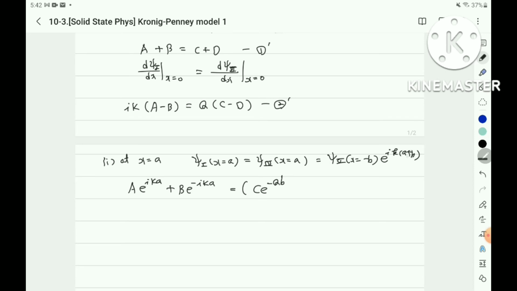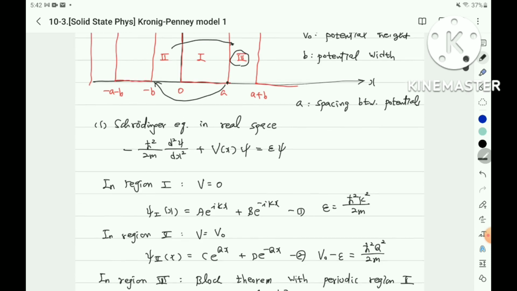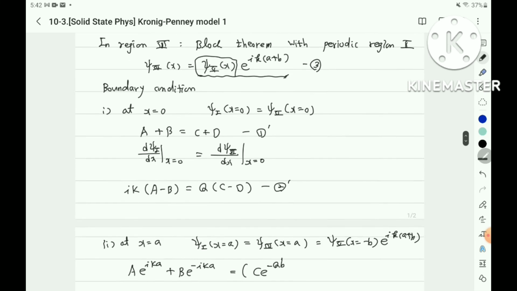Here we applied the third condition, and at x equal to a, from the periodic lattice, it equals x equal to minus b in the second region.